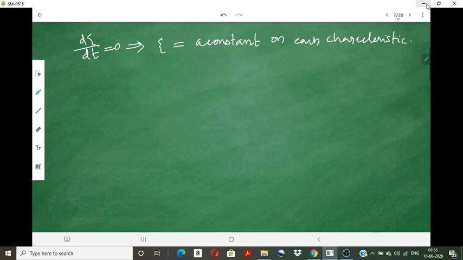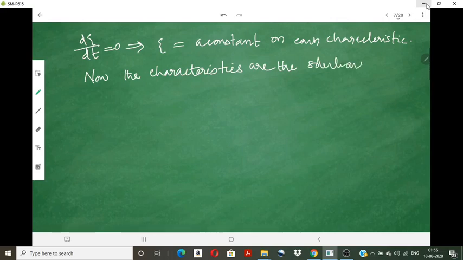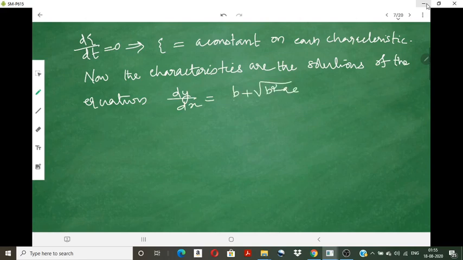The characteristics are the solutions of the equation dy by dx is equal to b plus root of b square minus ac by a.